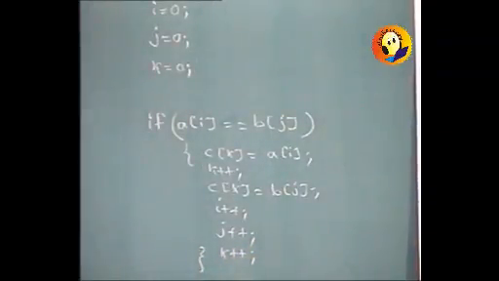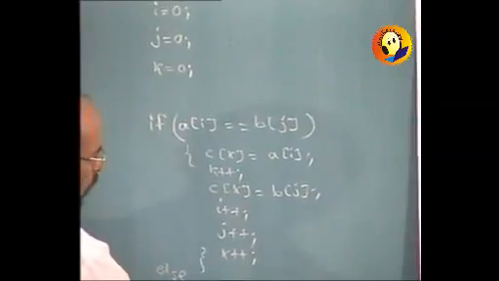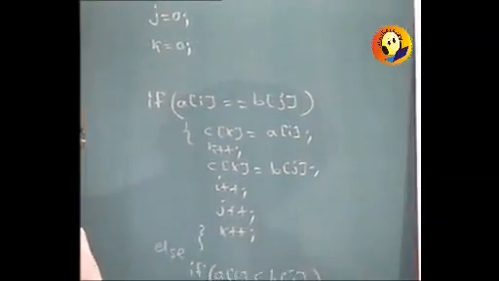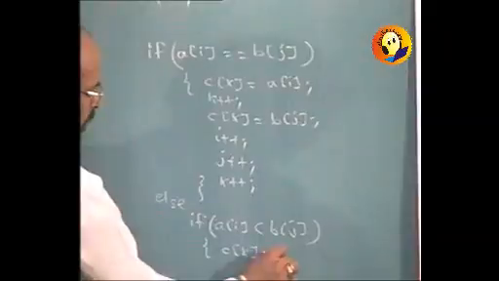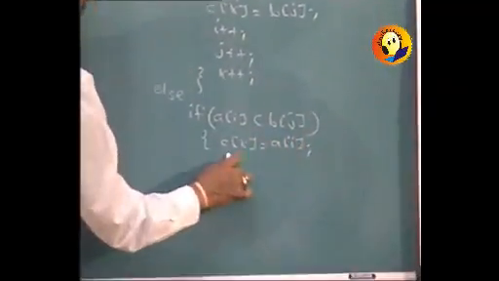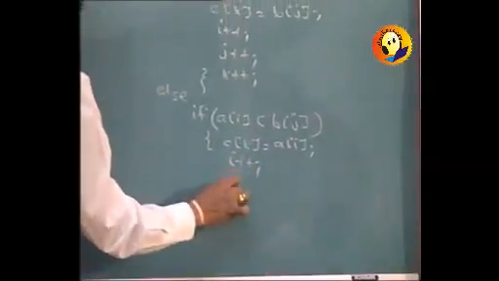First part. Else, if A of I is less than B of J, then C of K, copy the smaller A of I, increment I, increment K.